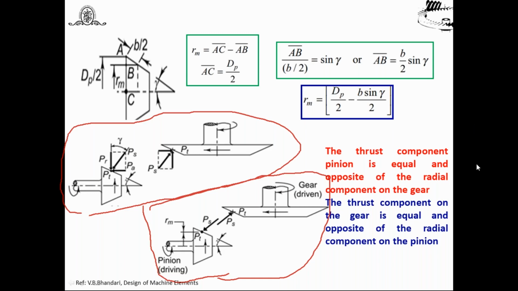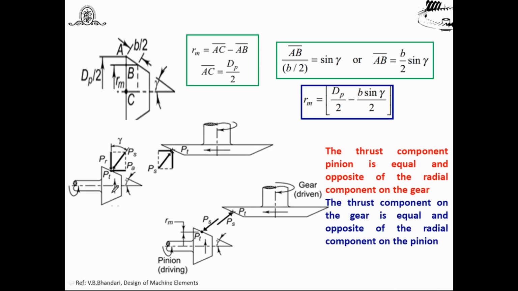I will try to elaborate that. Look at this, this is the pinion. If the pinion rotates in this direction, the PT should act opposite to that for the pinion, as per spur and helical, the same fundamental we are going to decide here. But here, at this point, I have shown PT in this way, but it is very difficult to show the direction of PT in a plane.